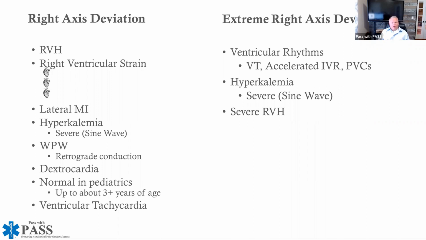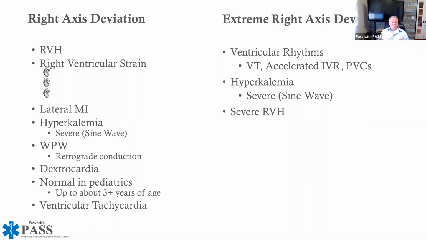So remember that when they take their first breath, valves start to close, other valves start to open, and then blood starts to actually go through the normal way. Because of that, they may have a normal right axis deviation, but that should go away as the child gets older and older.